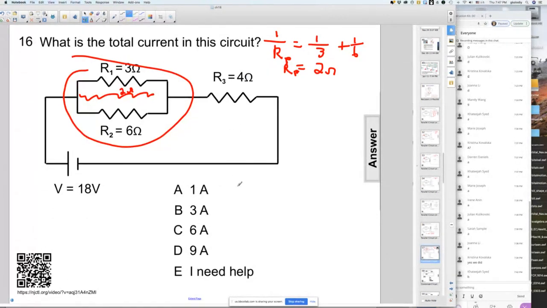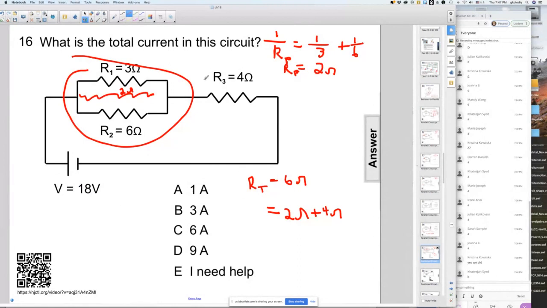So the total resistance in this whole circuit, it's not 6 plus 3 plus 4, but it is 2 plus 4, which is 6 ohms. So our total is equal to this 2 ohms plus the 4 ohm in series with it. So the total resistance is 6.